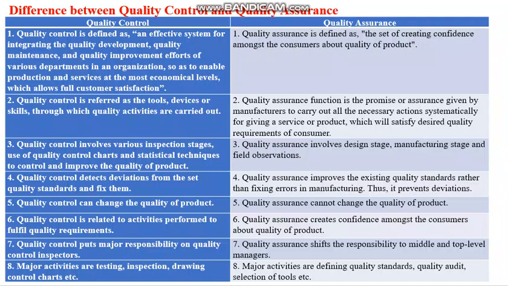Okay, then the third difference is quality control involves various inspection stages. Because we said quality control contains inspection, it has various inspection stages, and we collect data, which is used for quality control charts and statistical techniques, so that the process can be controlled and improved, or the quality of the product can be improved.